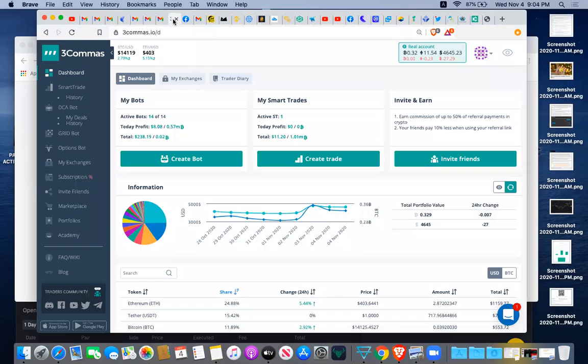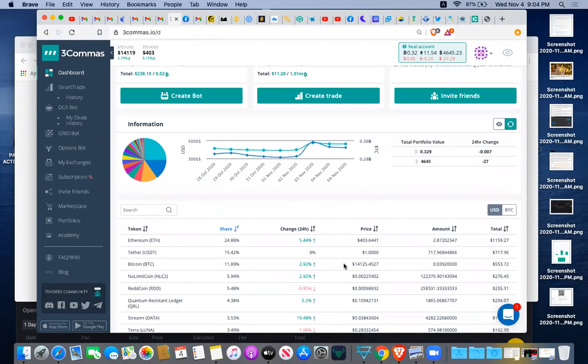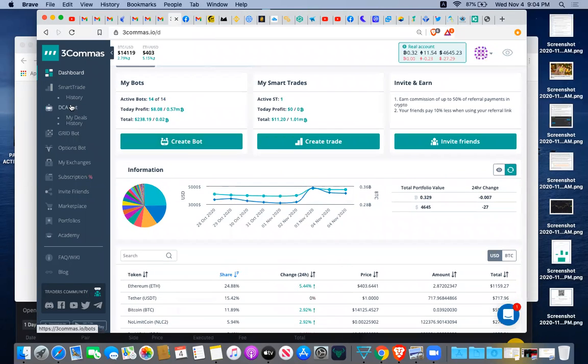Like, let's go here. Number one, the one that's more important for people to use is the DCA and the smart trade.